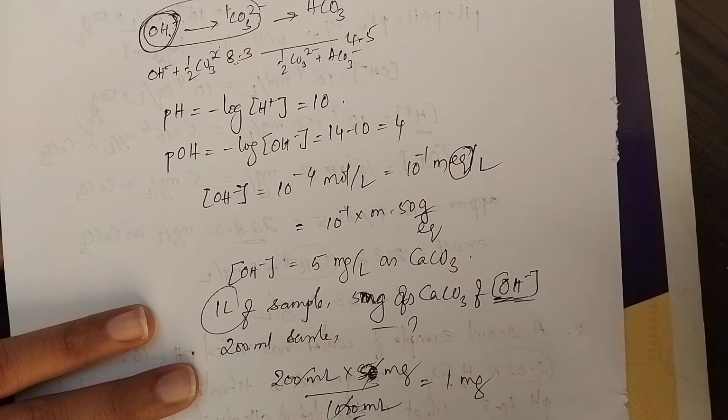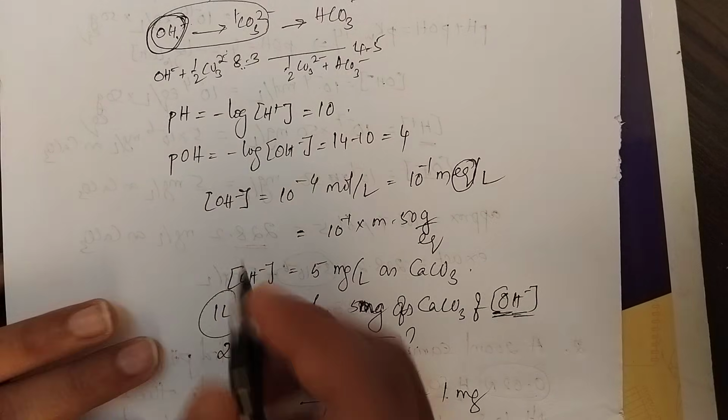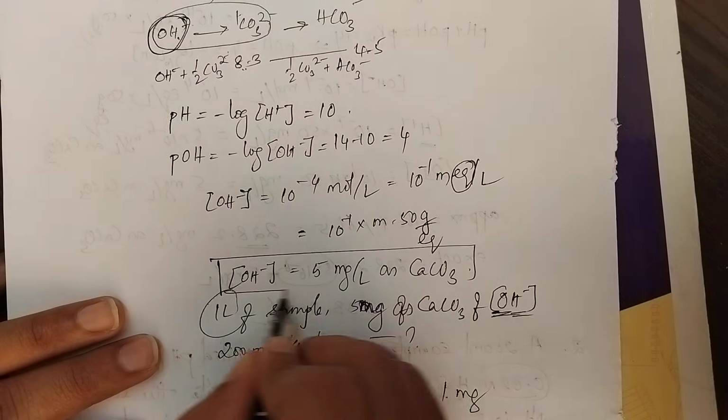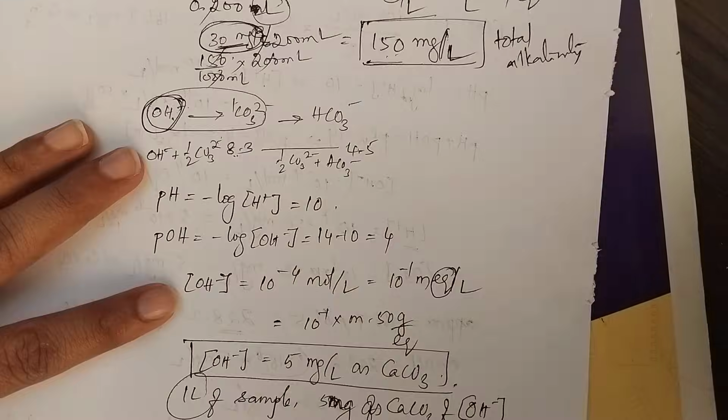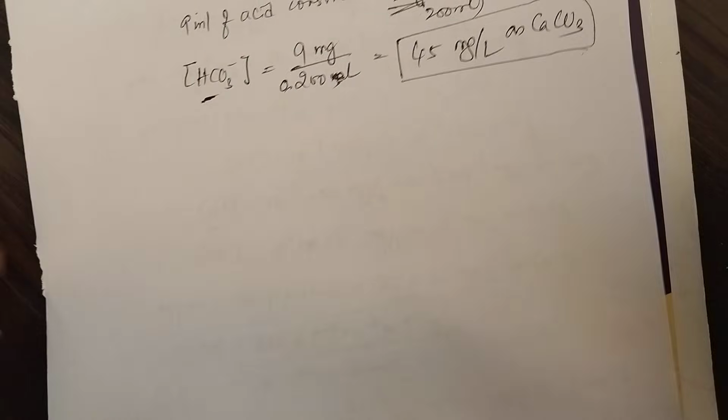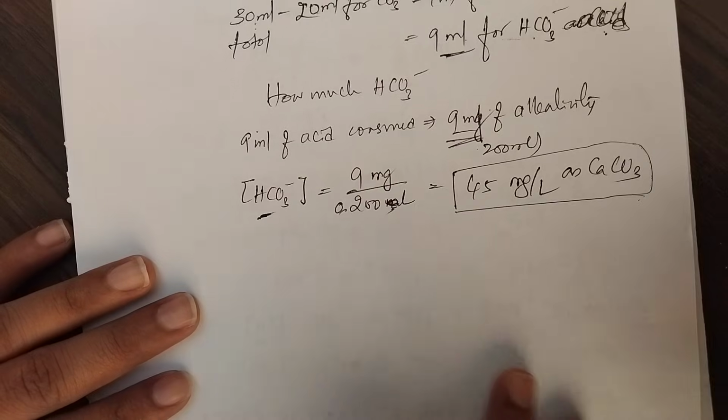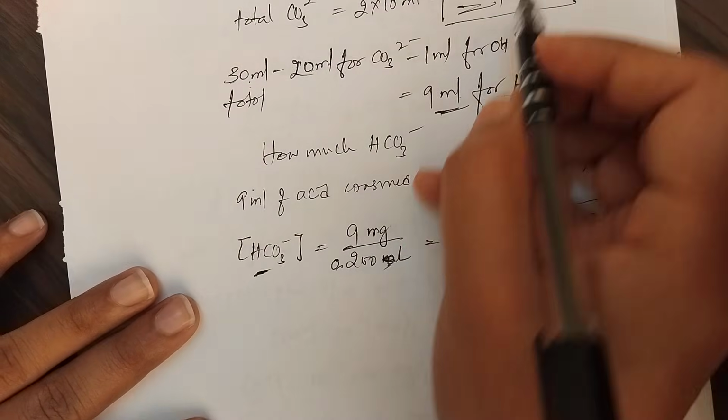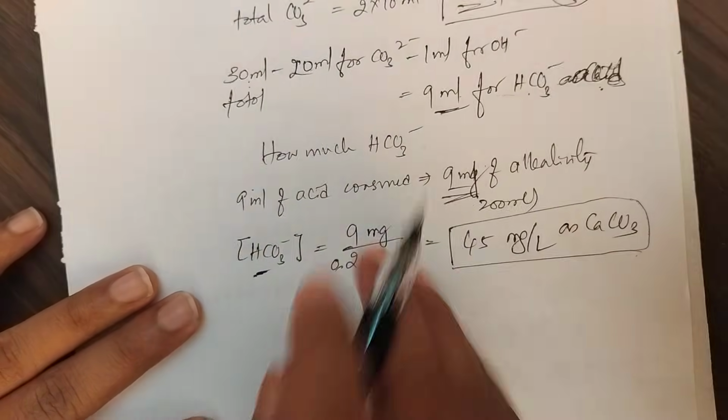So we have calculated the concentration of HCO3 as CaCO3 equivalent, that is 45 milligram per liter, and the concentration of OH minus ion, that is 5 milligram per liter. We also need to calculate the CO3 2 minus ion concentration.